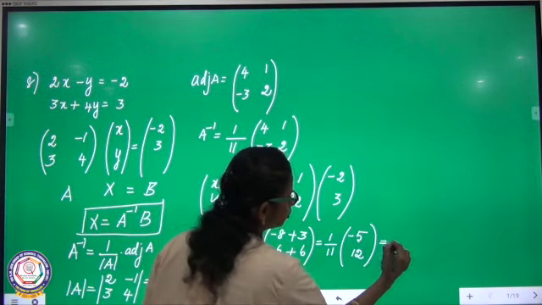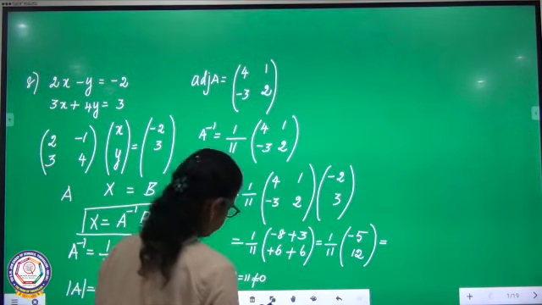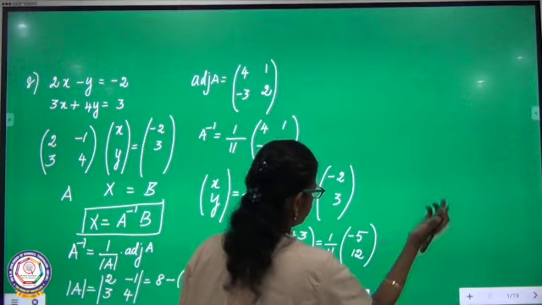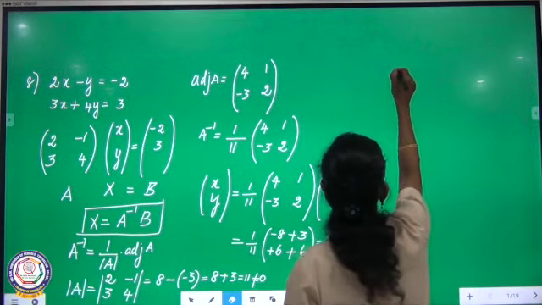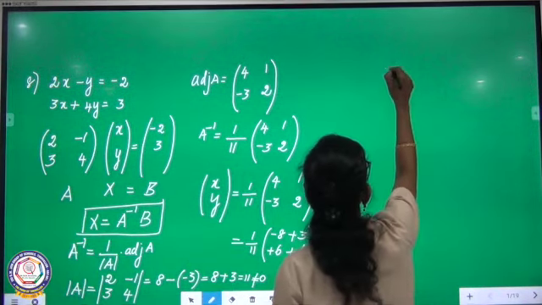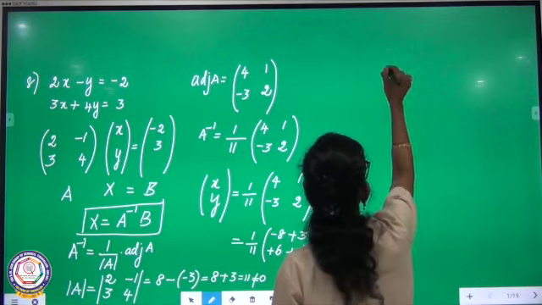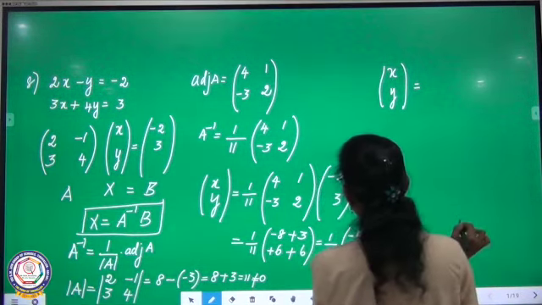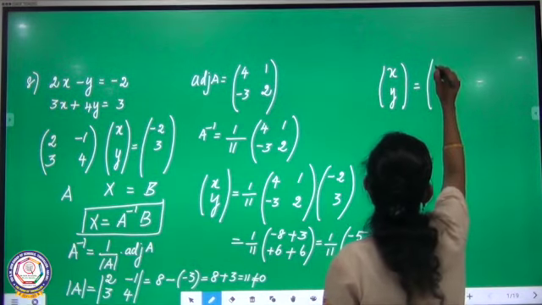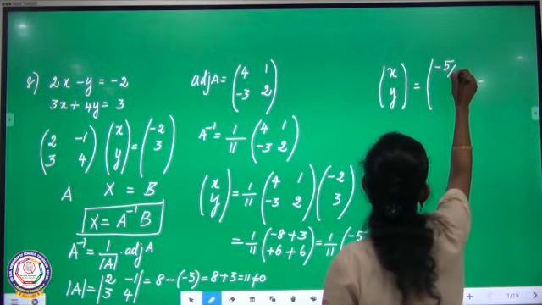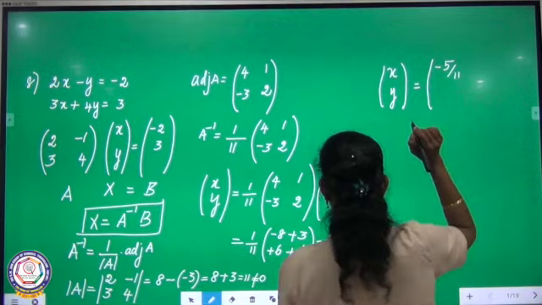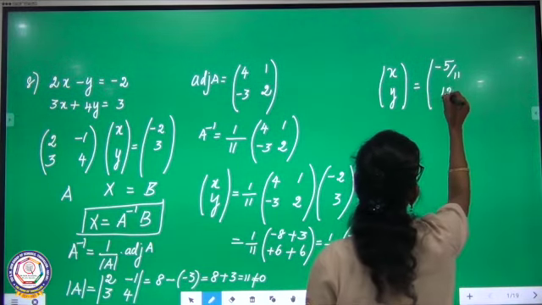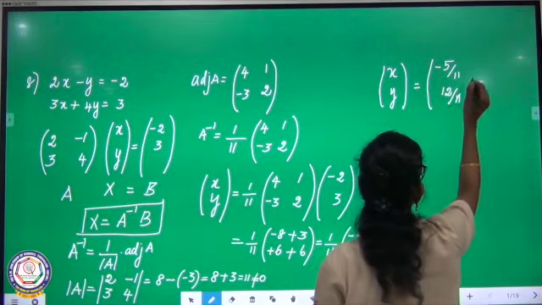Which is equal to, you write like this, X, Y equal to, using the 11 you should divide, minus 5 by 11, 12 by 11.